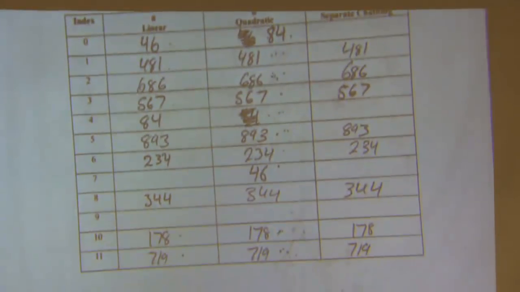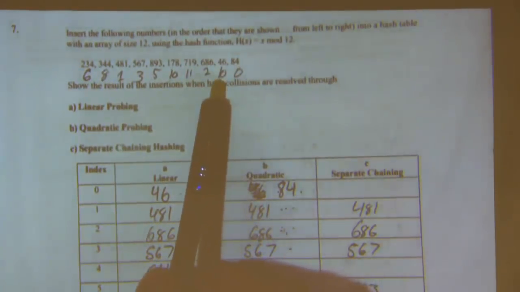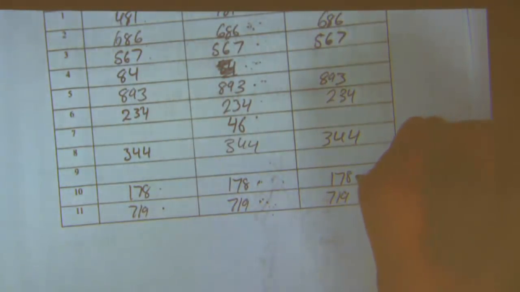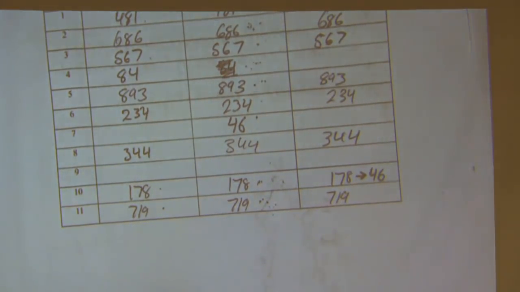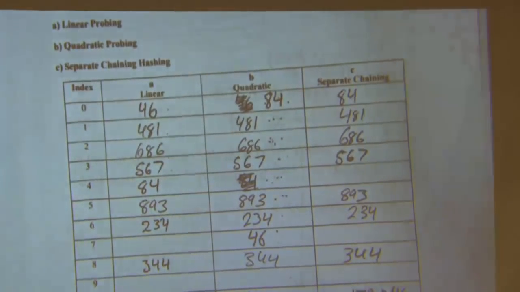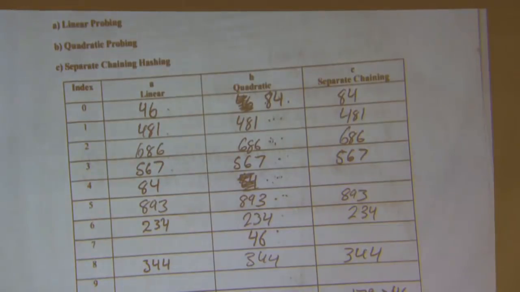So we hash 46 to position 10, and we basically create a linked list here, and 84 hashes to position 0, and we just put 84 in. That's all you have to do for separate chaining. Whenever you find a collision, you just insert onto its linked list.